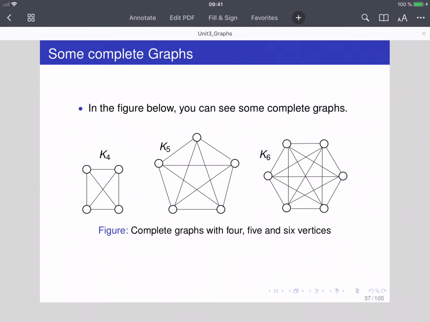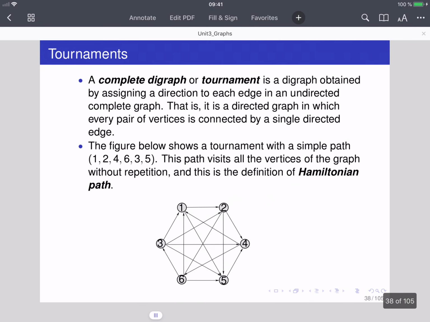But we can study a similar notion when we have directed graphs, when we have a direction in the connection. In this case, what we call a complete directed graph or a tournament, I will explain the name tournament in a minute, is a directed version of a complete non-directed graph. Let me explain what I mean by that. We take a complete graph.